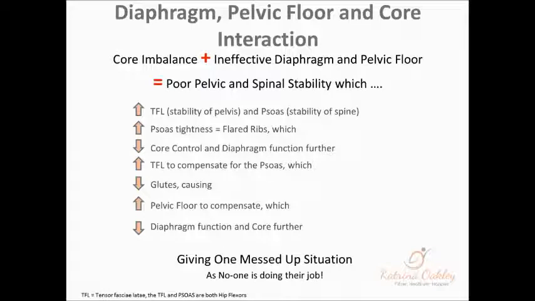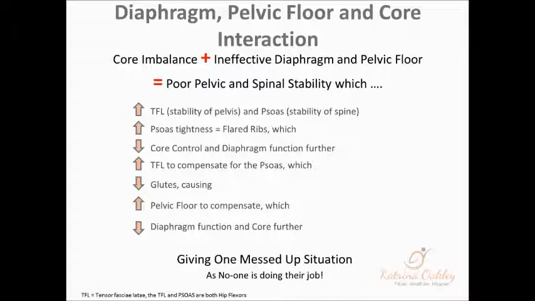Now, as the psoas tightness happens, because it's working harder as a spinal stabilizer, it's going to lock down and tighten, which means it's going to pull on the back of your spine at your diaphragm, which in turn will flare out your ribs. Flared out ribs will decrease your core control and diaphragm function even further.